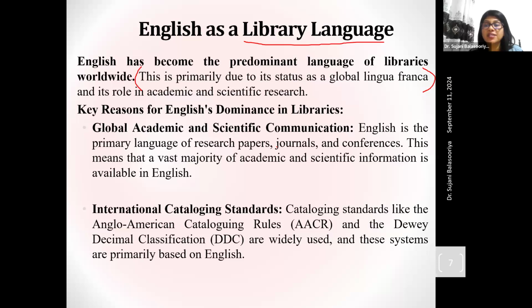Why is that? Almost all the updated and new information is stored or recorded in English. Okay. That is one reason why we say English is a library language, right?